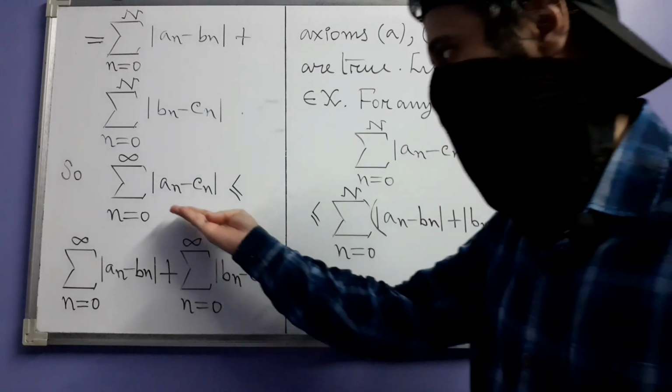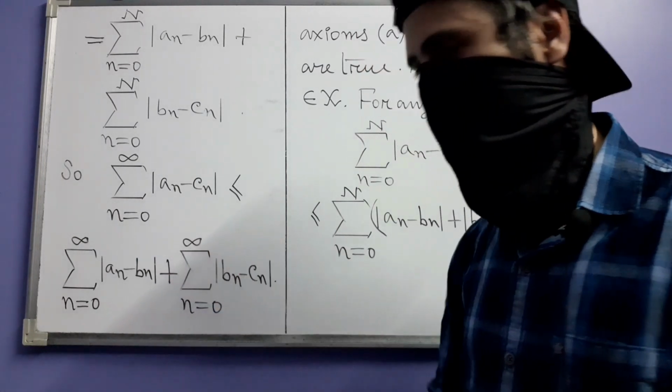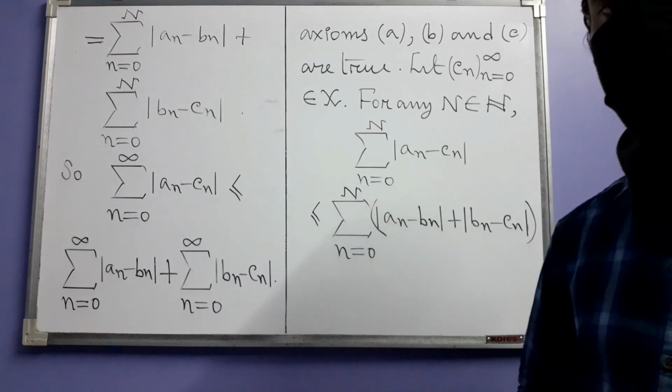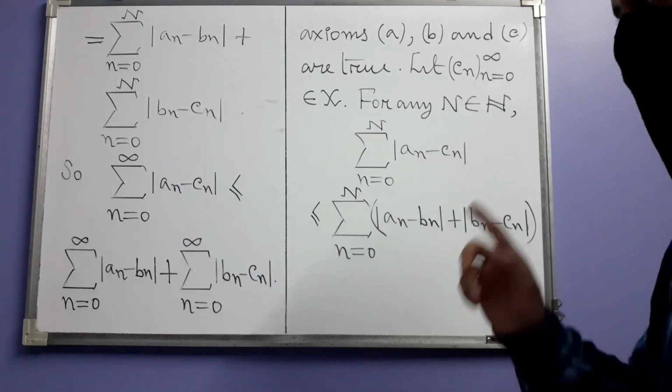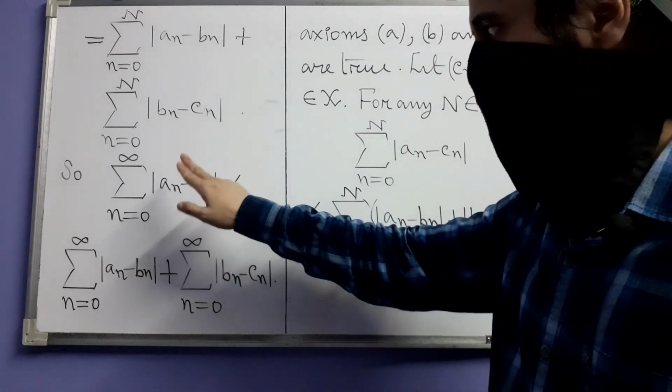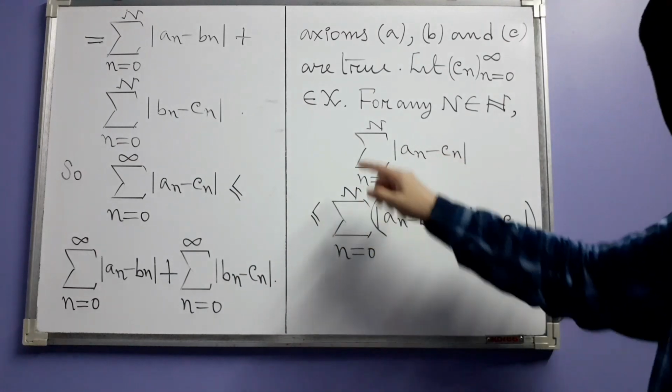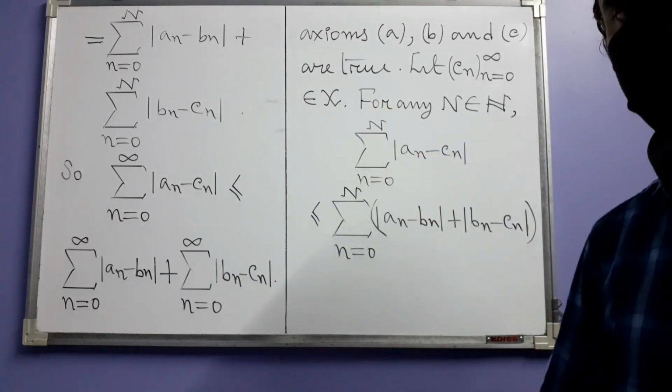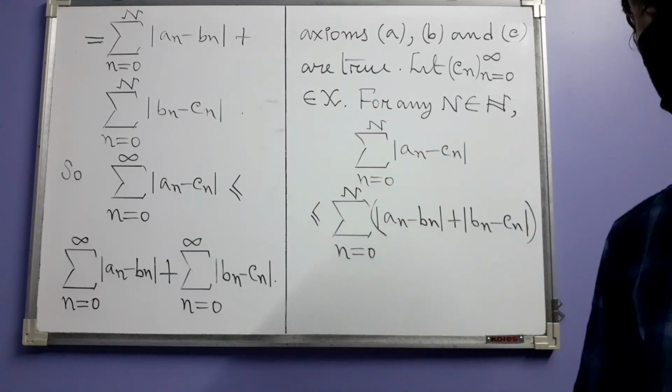You do not have to worry about the convergences of this series because we already know that they are convergent. That is because the sequences an, bn and cn all are coming from X. Alright, so we are almost there.